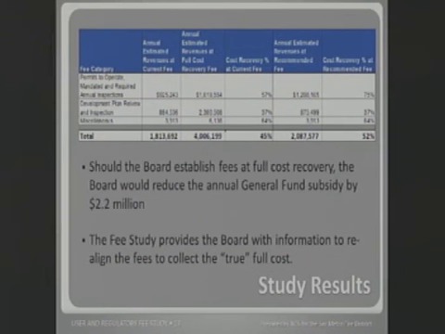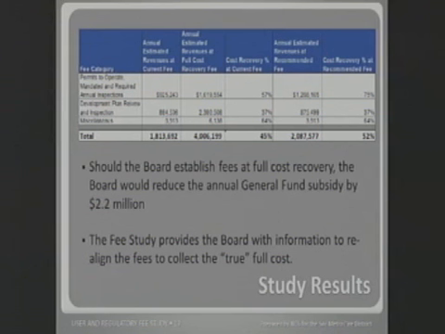Okay? So if the board tonight was to adopt all the fees in the study at 100% cost recovery, then we would be reducing the subsidy for those services by about 2.2 million, which is a significant number. And all this study does is provide you with the information to realign these fees at full cost recovery or something less.